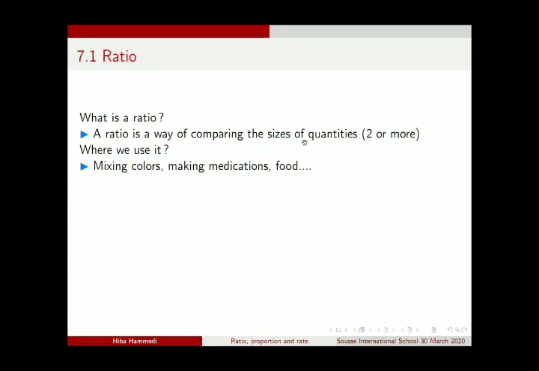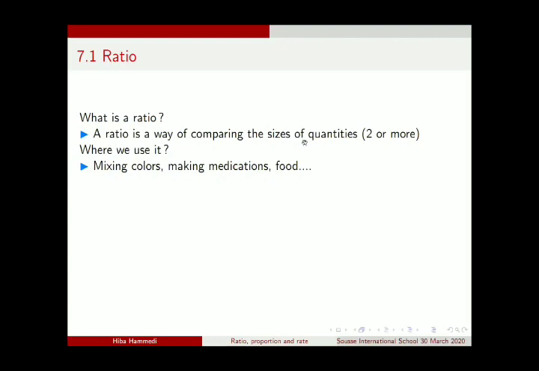If I'm making dark blue, the quantity for black is bigger than the quantity for blue color. When making medications, we need to be very careful when using chemicals, because we may by accident make the drug toxic for patients. The last use that I'm mentioning here is food recipes.